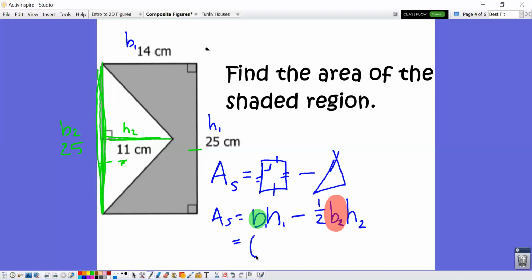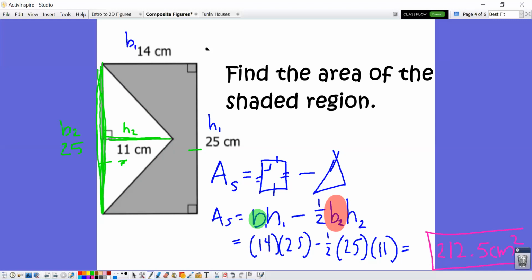But our shaded area for that rectangle, I'm going to substitute in my values. Minus half. My triangle's base is 25. My triangle's height is 11. And that gives us a final area here for this figure of 212.5 centimeters squared.